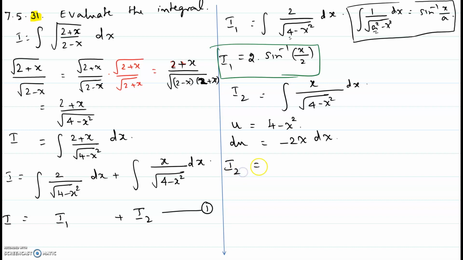So I2 with respect to the new variable: on top, we have x dx, which is du over negative 2, and the denominator square root of 4 minus x squared is square root of just u.